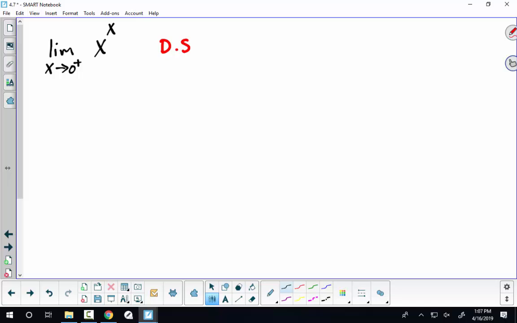So direct substitution, of course, gives us 0 to the 0. So then we have to default to the process of evaluating a limit of the form 0 to the 0. The first thing to do, now that we know it's of that form, is to rewrite x to the x as e to the x times the natural log of x.